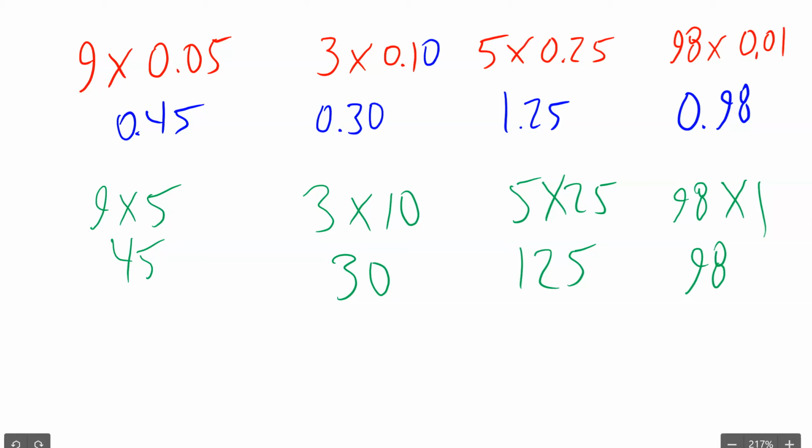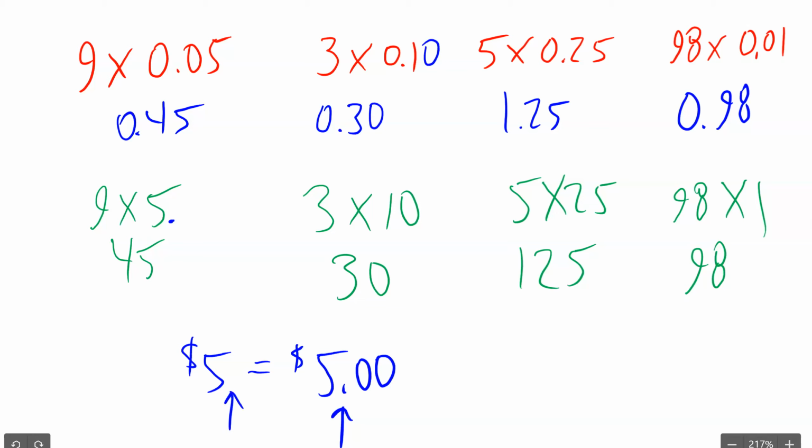If I look at my 5, where's my decimal in my 5? Right here. And if it makes you feel better, if I had $5, I could also write that as $5. And so there's my decimal after my 5. So even though I don't see it here, it is in fact there.